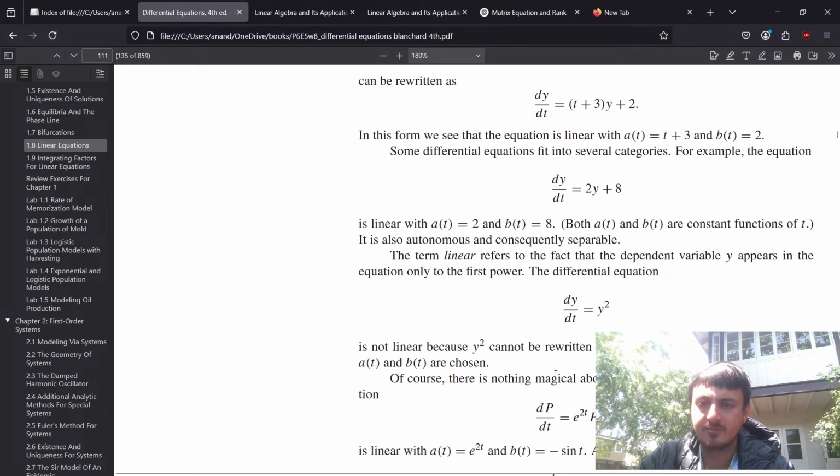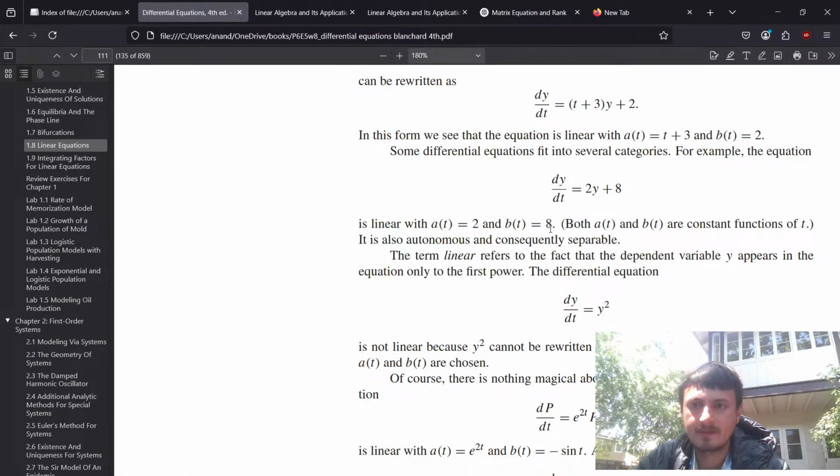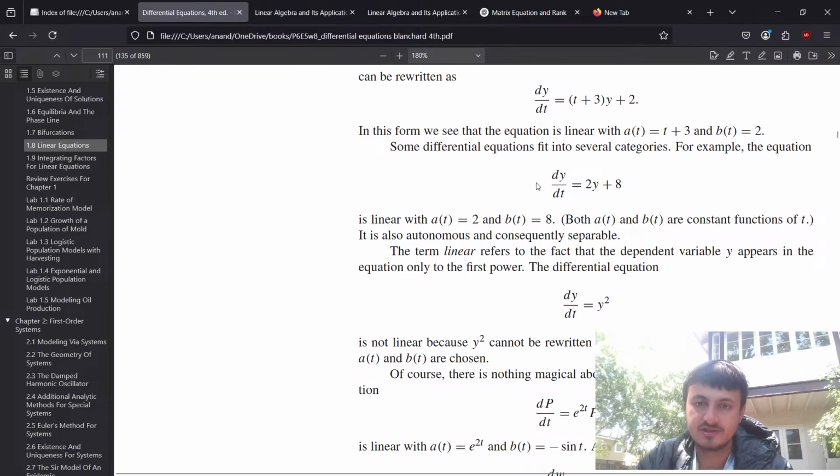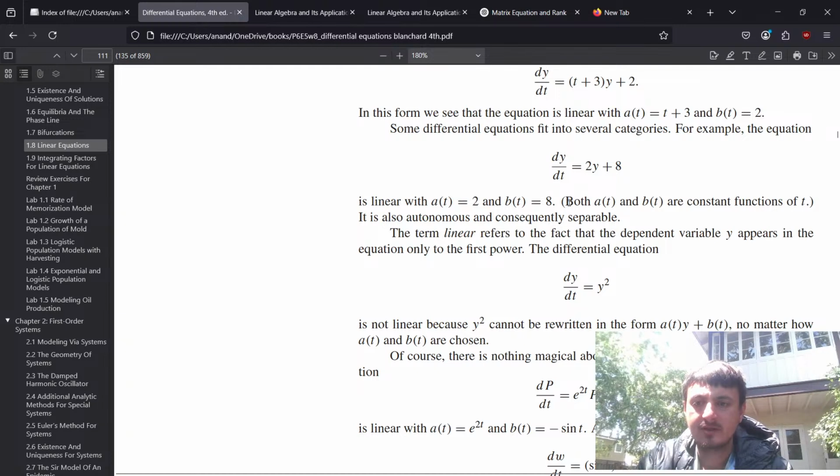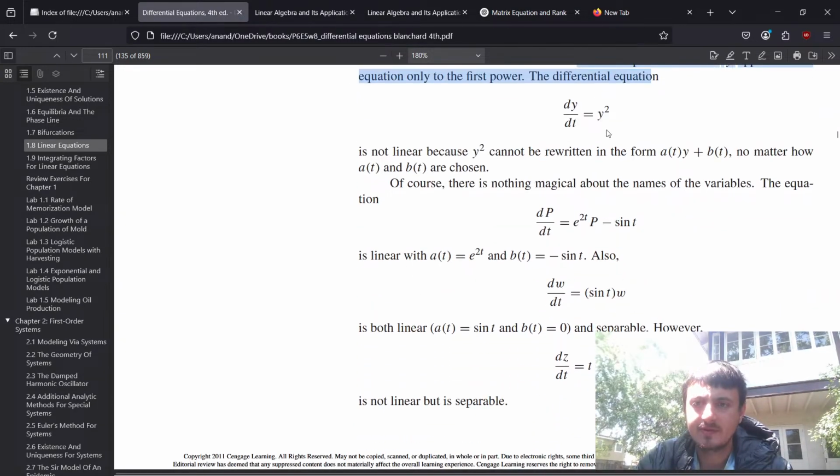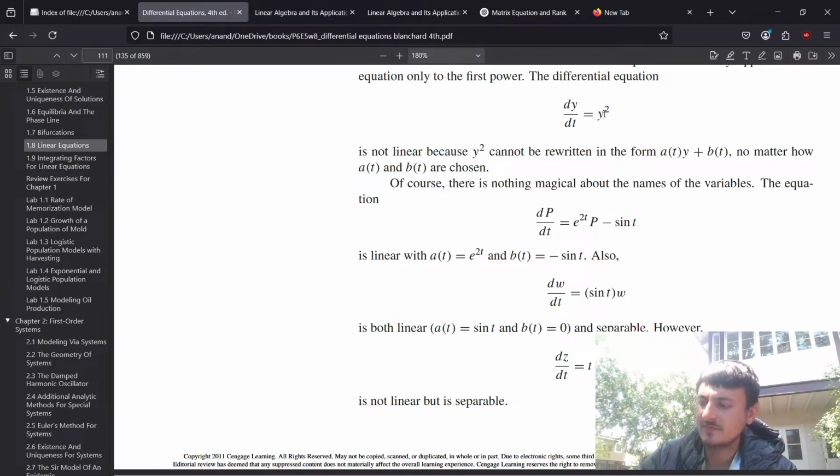Differential equations have a bunch of categories. Here's an example of an autonomous linear differential equation. Here's one that's not linear, y squared. We can see this if we let f of x equal x squared, and then take the expression ax plus by.